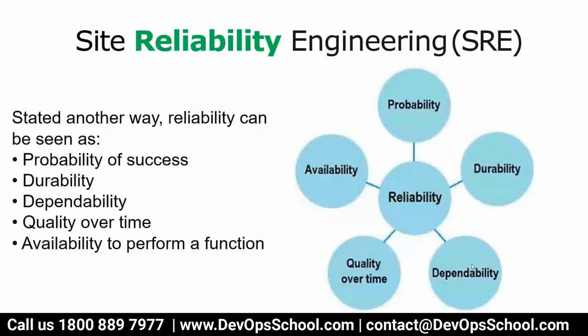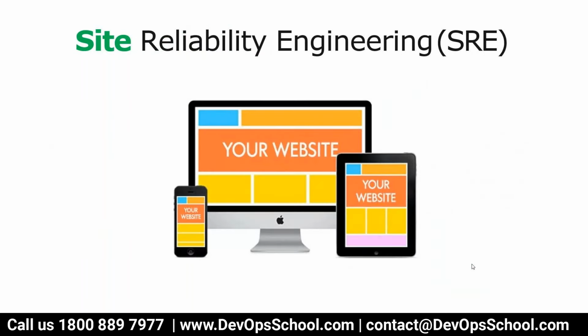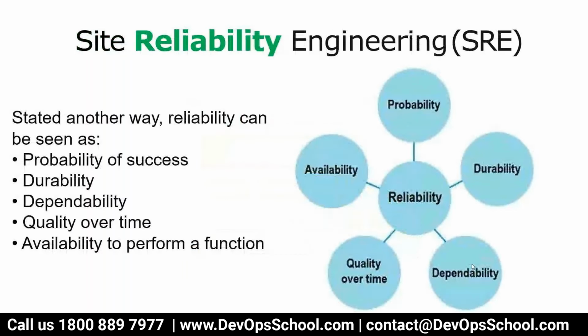So yeah, site reliability engineering. What is a site? A site can be your application, which can be apps or a website, anything. It can be your software, the one which you want to make sure is reliable. So that is what a site is, and the objective is to make the site reliable.